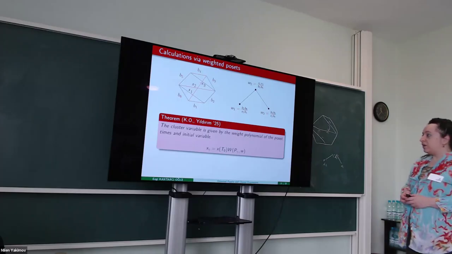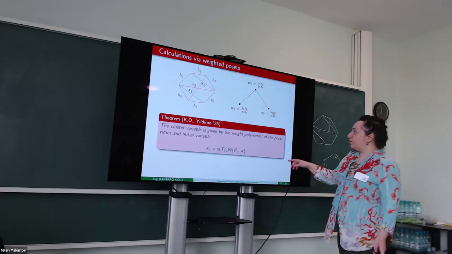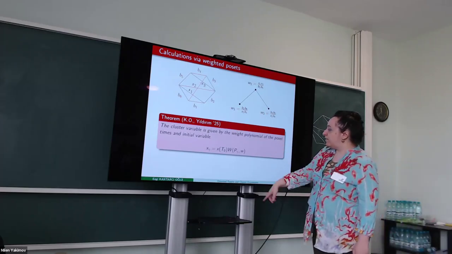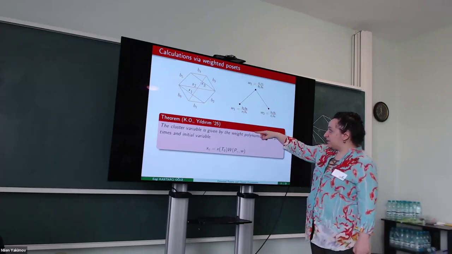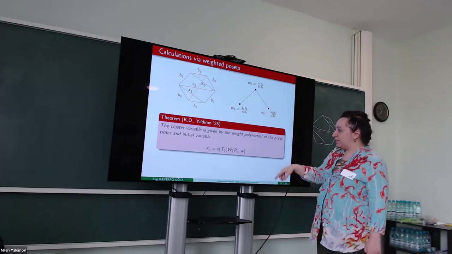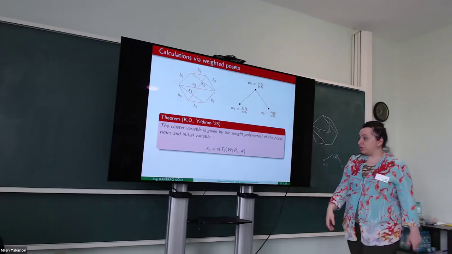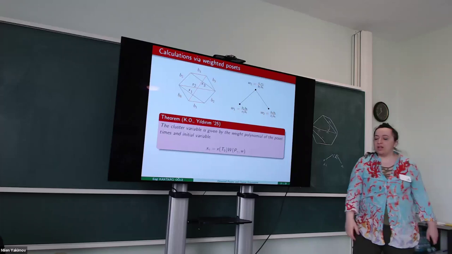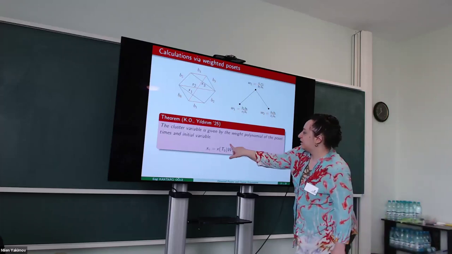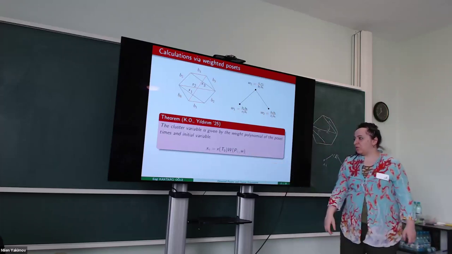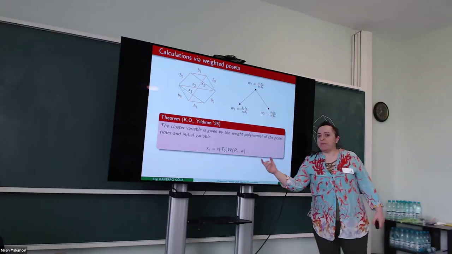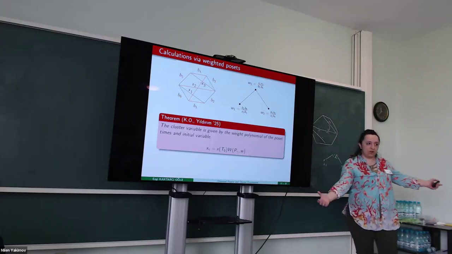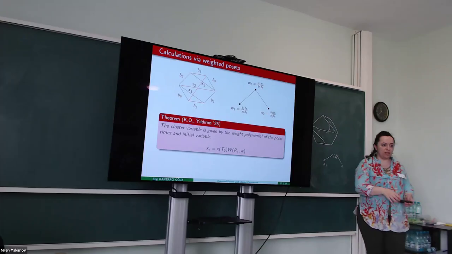And what you can do is calculate the weight polynomial of this poset and plug in these labels. And this gives you the cluster variable when you multiply it with a constant. This one is the main one that gives you the list of the terms, and then there's an initial term, you multiply it.